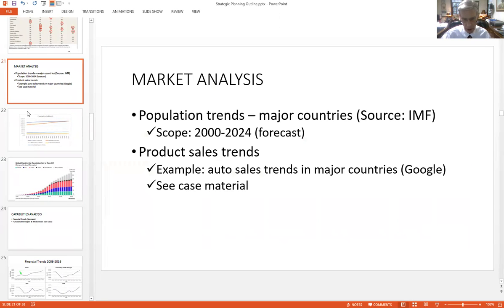Okay, so this takes us then, we've done economic and industry analysis, so we'll now do market analysis. And the IMF database that we talked about earlier has this wonderful database. By the way, the forecast has been changed to 2025 now.